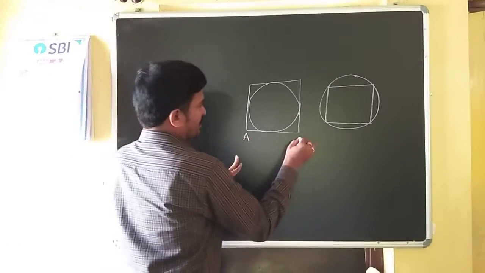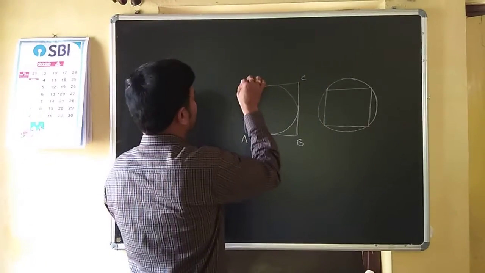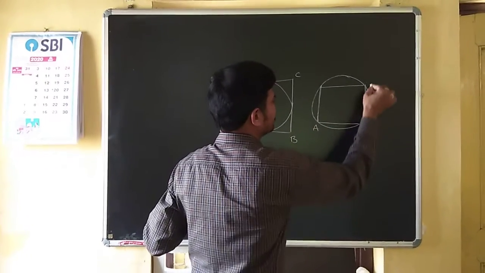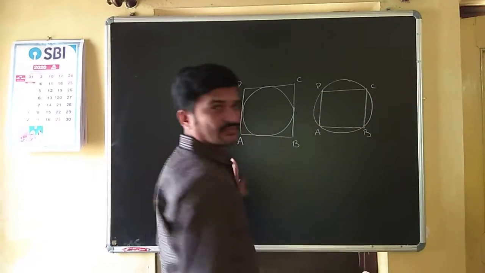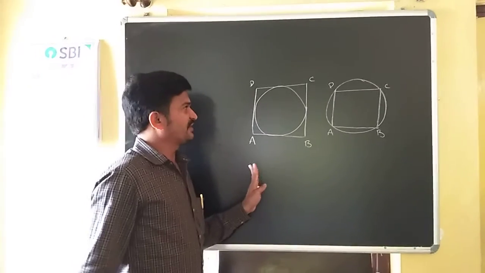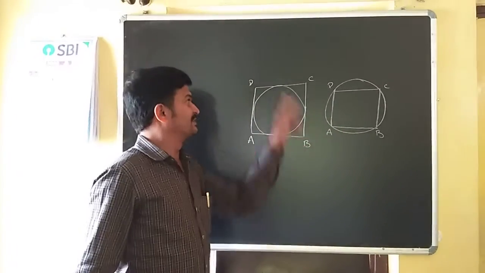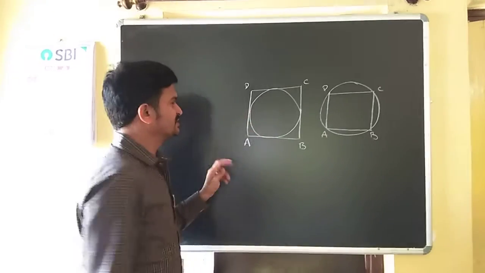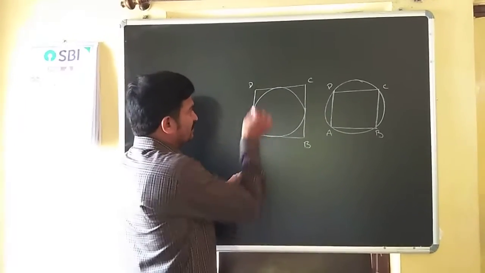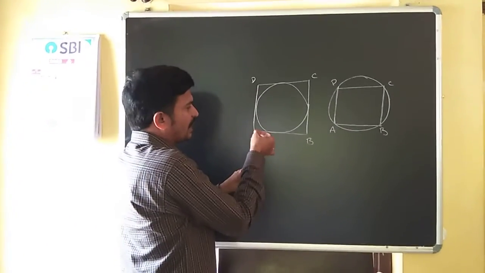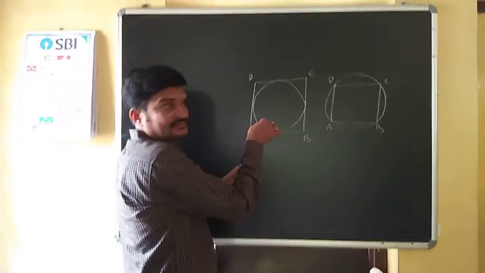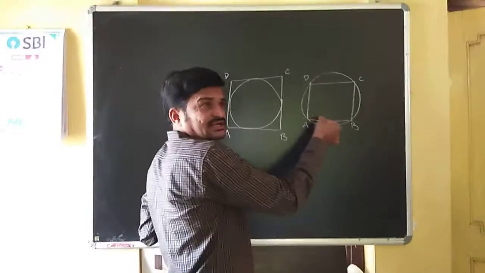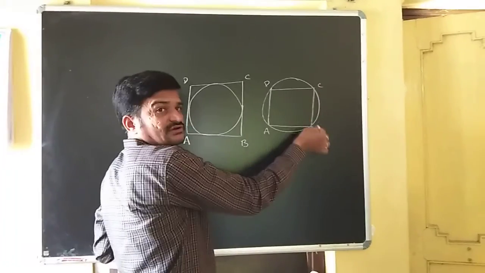This is a square ABCD, and here also, let us take the name ABCD only. What is the difference of these two squares? Can you observe this? This is a square which is drawn around outside of the circle, and this is a square ABCD which is drawn inside the circle, with all the vertices on it.